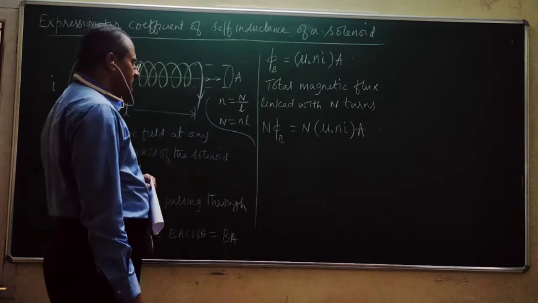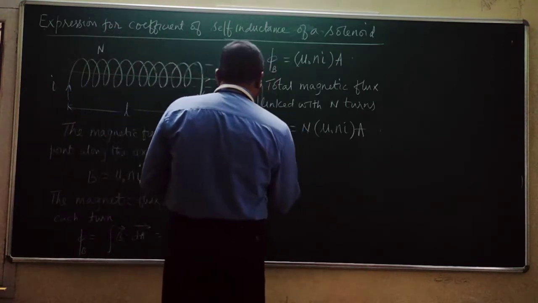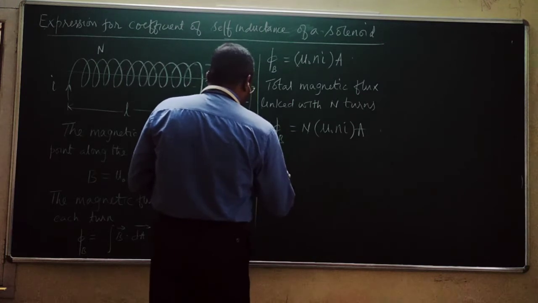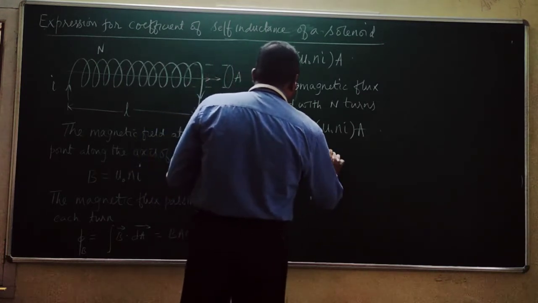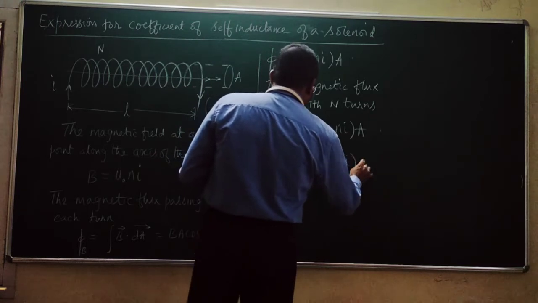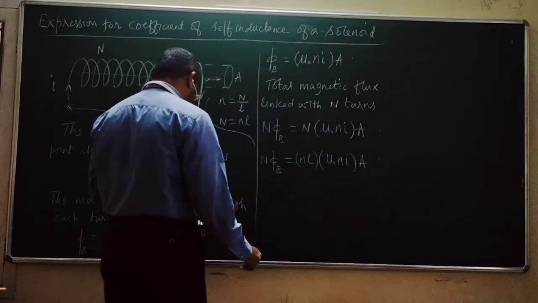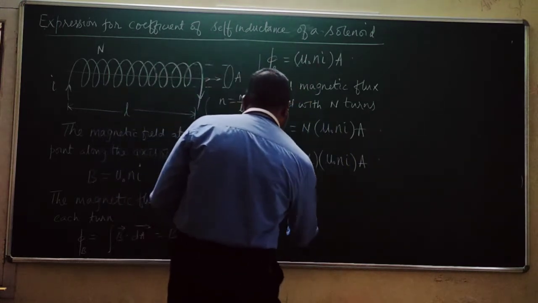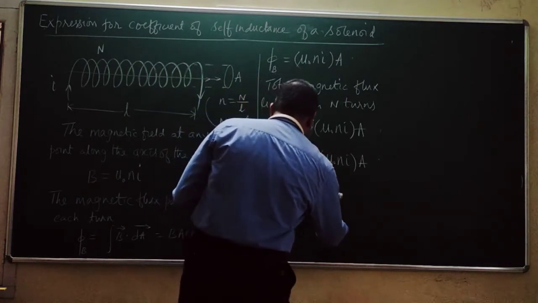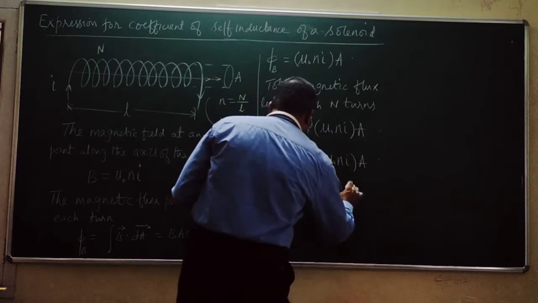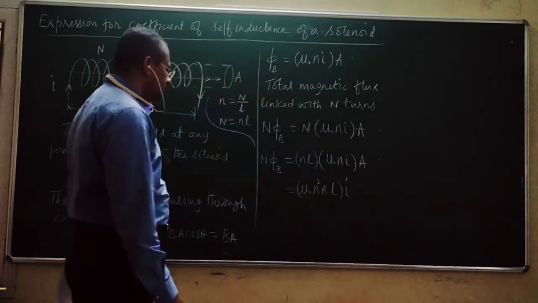I can as well substitute that here. N phi B is equal to nL into mu naught n I A, to give me mu naught n squared A L into I. Is that okay to you?